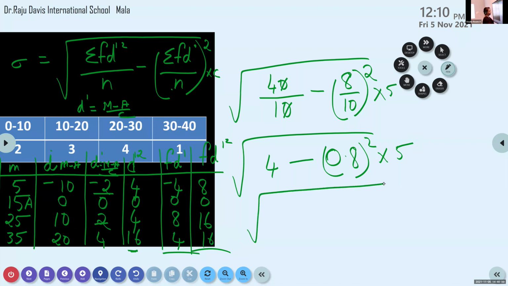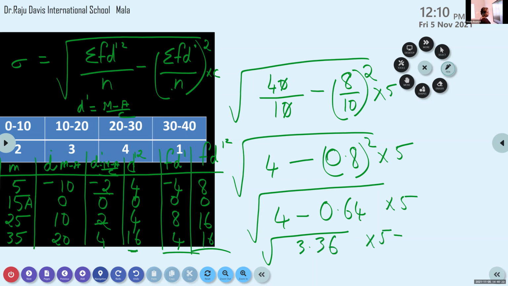Again, 0.8 into 0.8. What will be the answer? 0.64. Into 5. When you reduce, you will get 3.36.